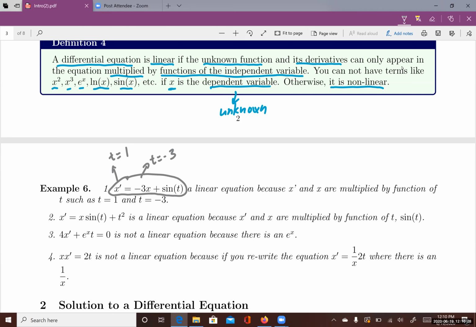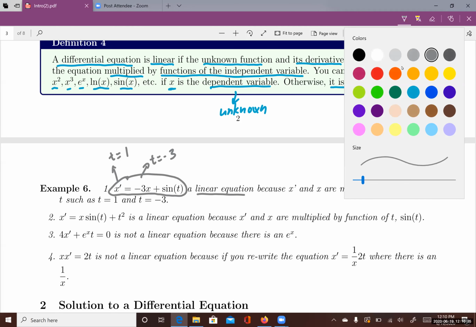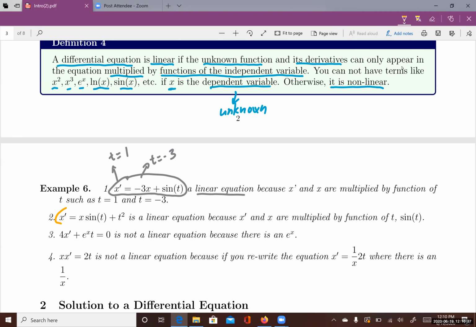That means this is a linear differential equation. Now look at the second equation. We have x prime and x times sine of t, which is fine. So it is just x prime and x multiplied by a function of t. Then this is also a linear equation.